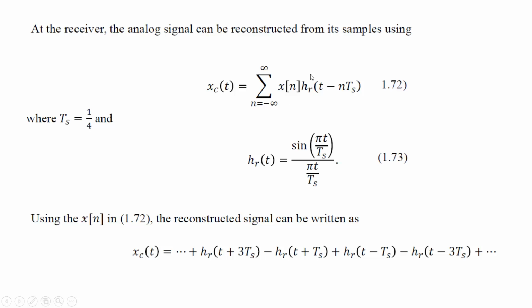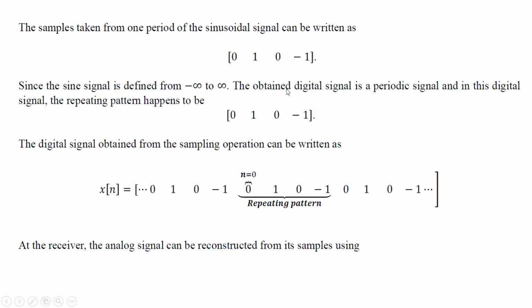Now we will use this expression for reconstructing the continuous time signal from the digital sequence, and we will use this filter. We've already seen this is the sinc function, the impulse response of the reconstruction filter. Now what is the digital sequence that we have already seen? It is 0, 1, 0, minus 1.